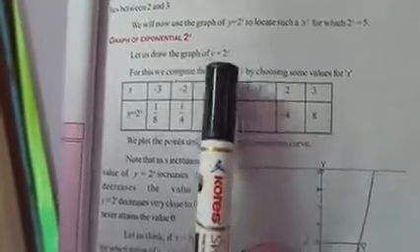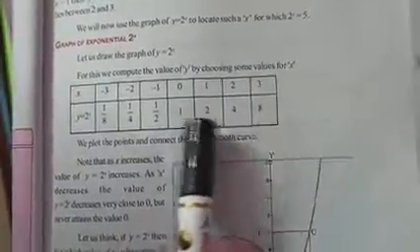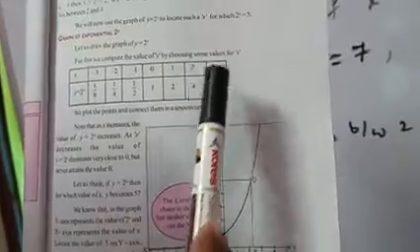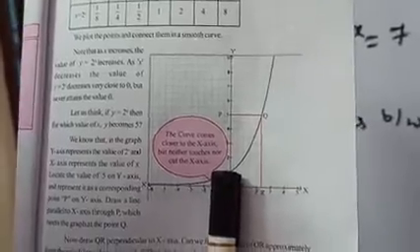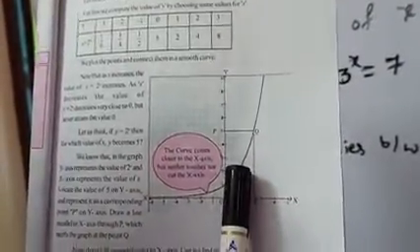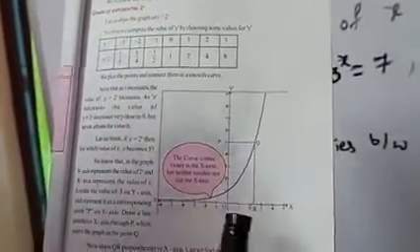If x equal to minus 2, 2 power minus 2 is 1 by 4, the reciprocals of these values. Denoting these as coordinates: 3 comma 8, 0 comma 1, where x equal to 0 and y equal to 1, and x equal to 1, y equal to 2. This is the graph.